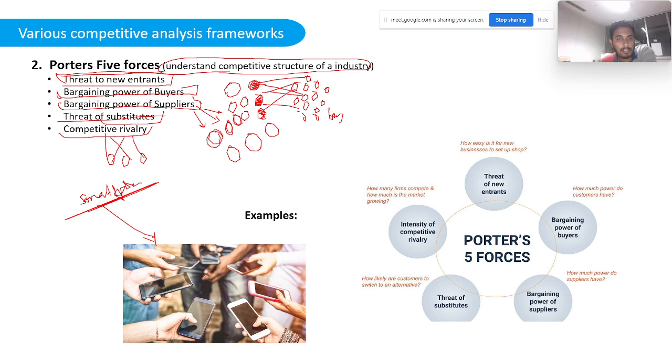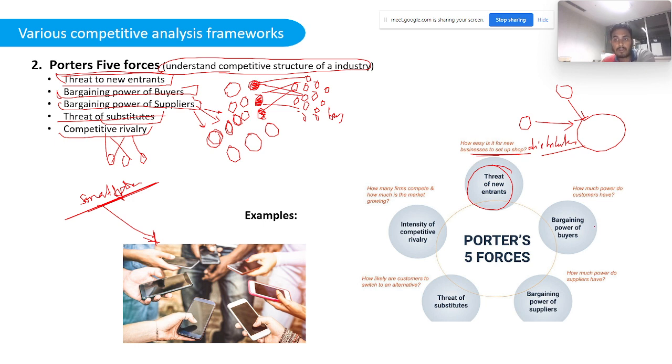Now when you use Porter's five forces to analyze the structure of the industry, you will ask yourself questions like how easy it is for a new company to set up shop or to enter a market. That is the threat of new entrants. There are distributors who will be looking for commissions, and if previous companies are providing better commission, probably you need to provide more commission, then only will you get entry to a new market.